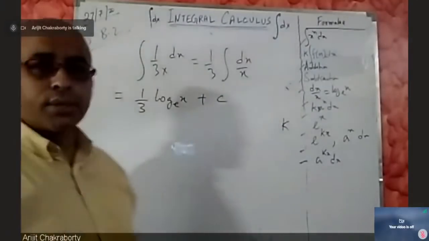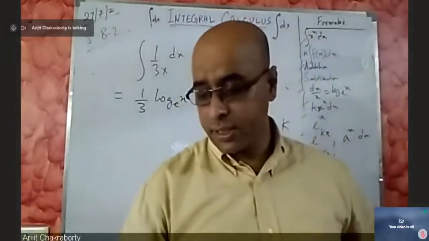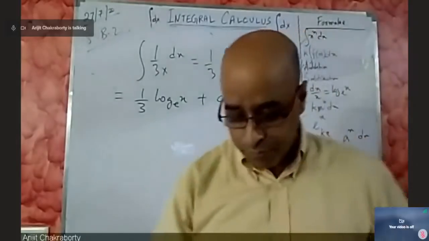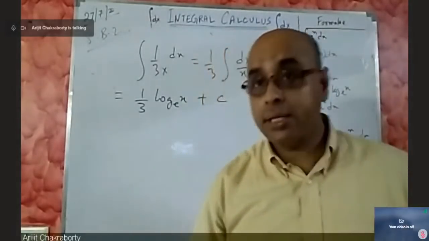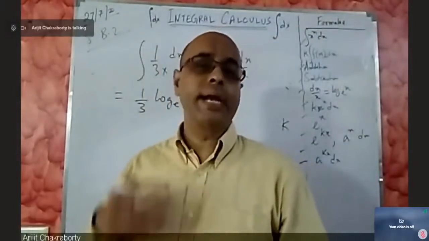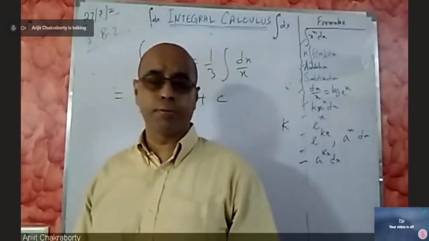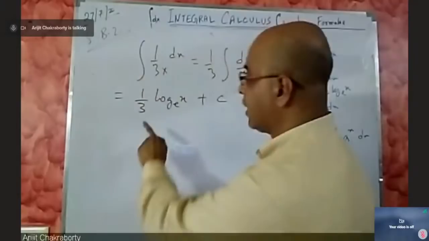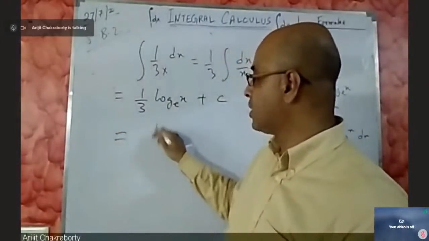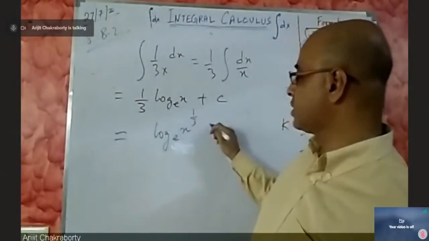Okay. So please note that dx by x is equal to log x. We have done this. You can also write this differently, as you never know. In the question paper, you will be getting options. As you know, this paper is entirely MCQ. Now, one of the options can be like this. Instead of 1/3 log x, they might give you log x to the power 1/3 to the base e plus c.